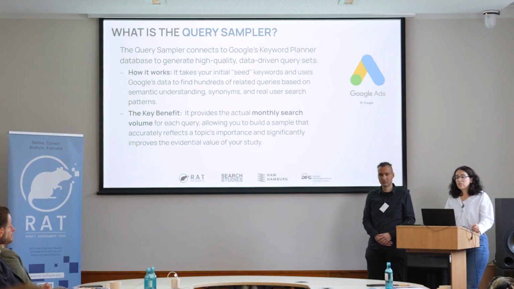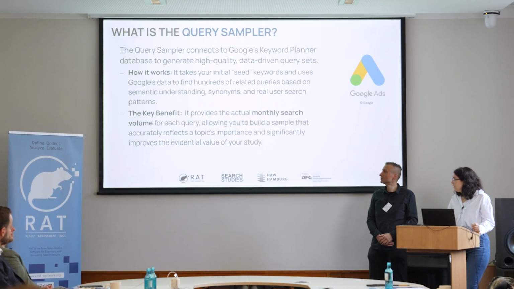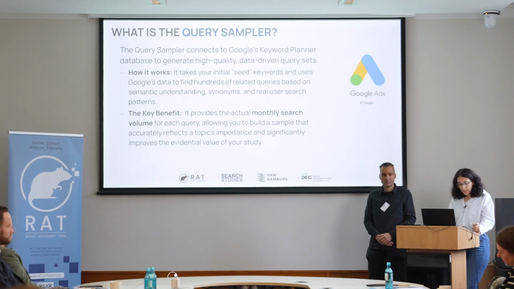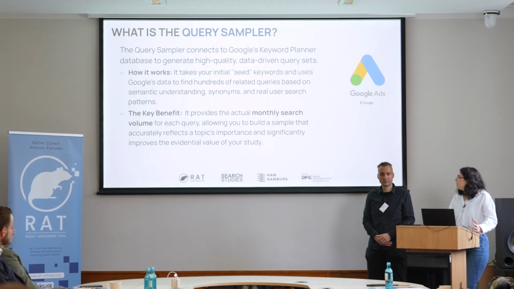And the big advantage is that it also gives the real monthly search volume for each query. So this way your sample reflects what people actually search for, which makes your study more reliable.